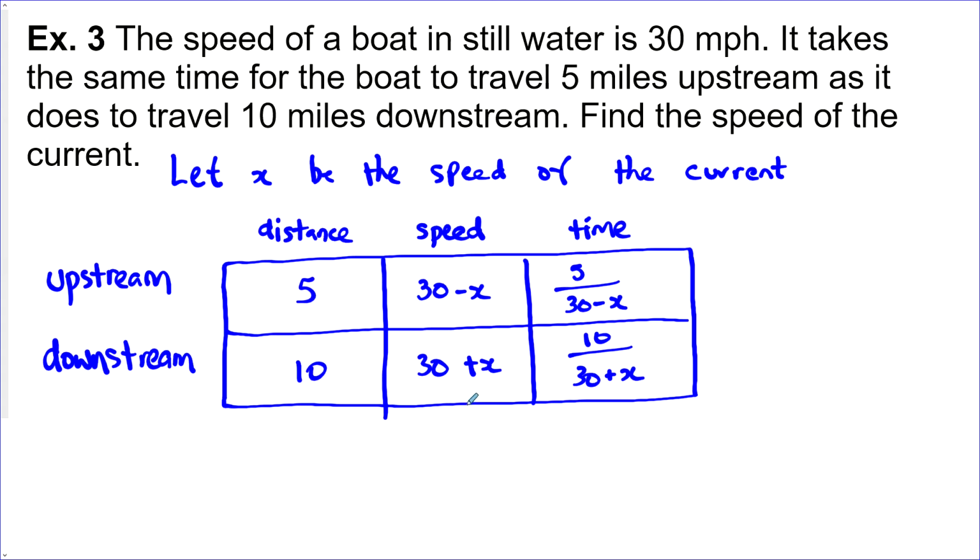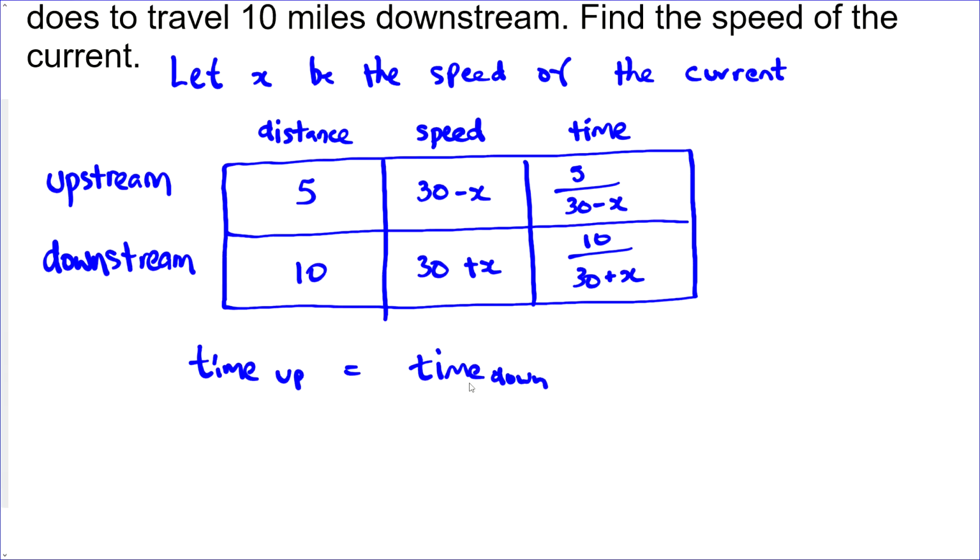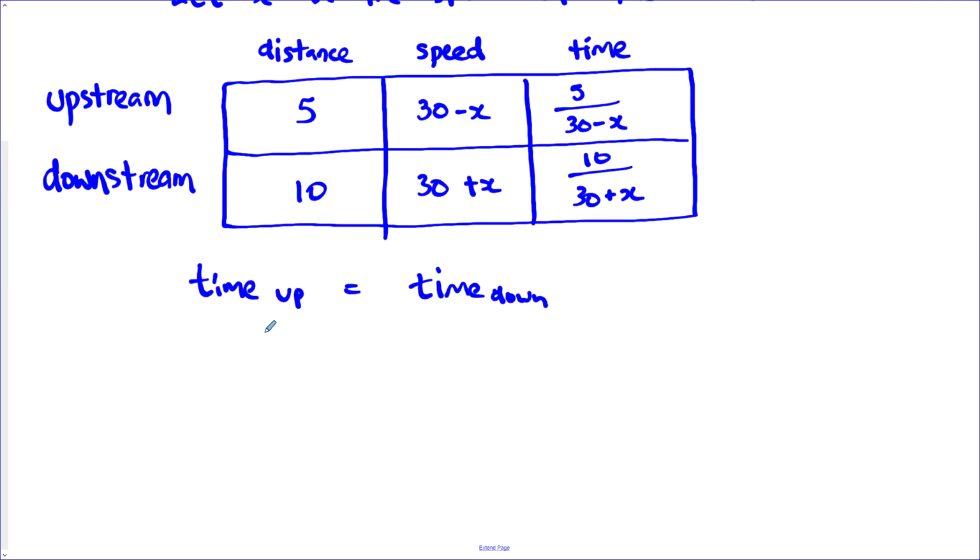It'll go faster. In this question, the time going up the stream is equal to the time going down. So we can just set our two times equal to each other. 5 over 30 minus x and 10 over 30 plus x.